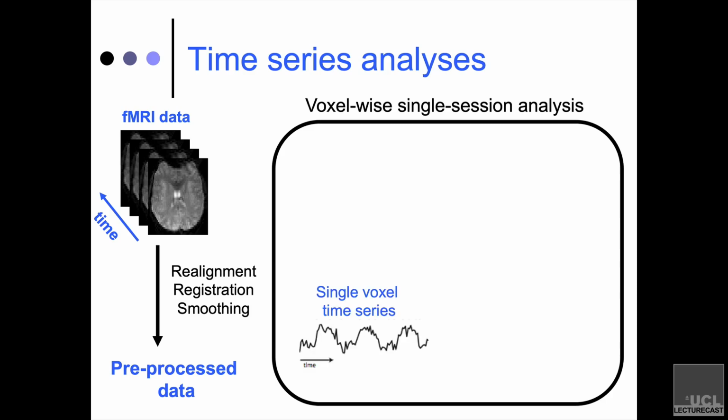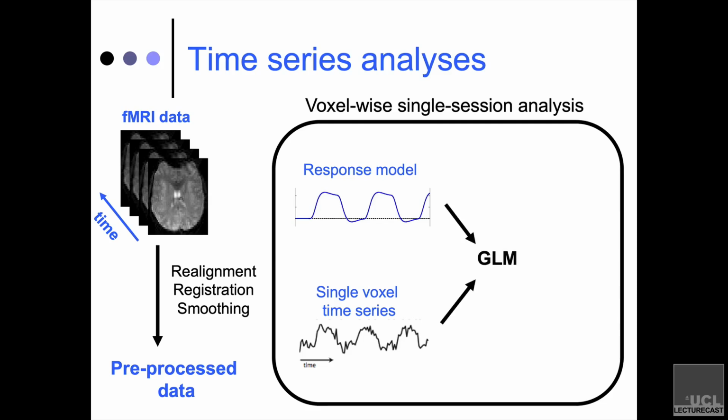Okay, so what we're going to do is we're just going to pick a single voxel, and let's just say this is a time series of the BOLD signal in that voxel. If we were expecting something along this line, something like a smoothed block design, then we can compare the actual data that we have to our model of what we expected, our expectations, using the general linear model, right?